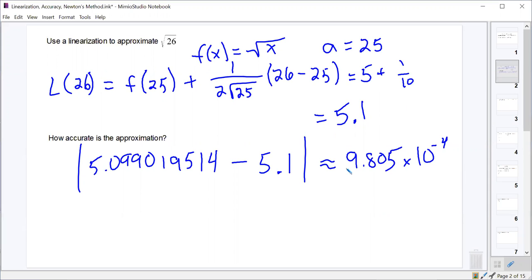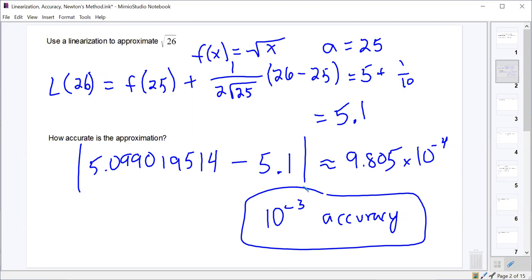So when we talk about accuracy, we will go 1 degree greater than this. So we'll say that this has accuracy of 10 to the negative 3. So basically what that's saying is that our answer is within 10 to the negative 3 of being correct. So it's within 1/1000th of the right answer.